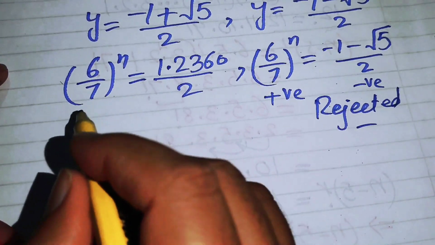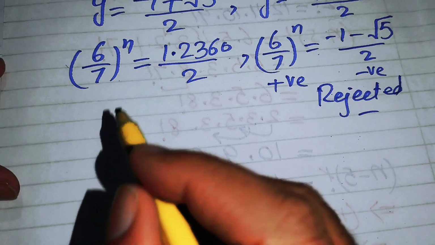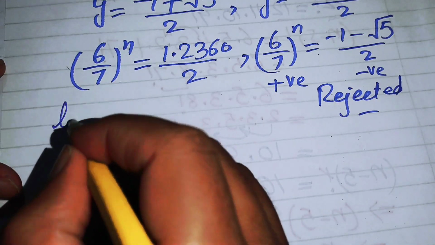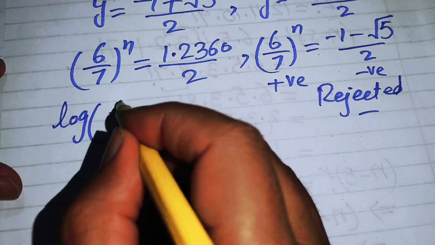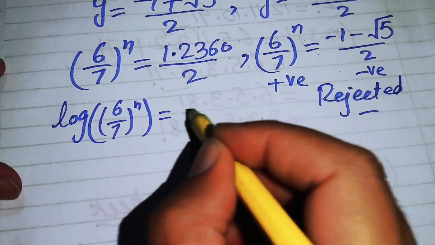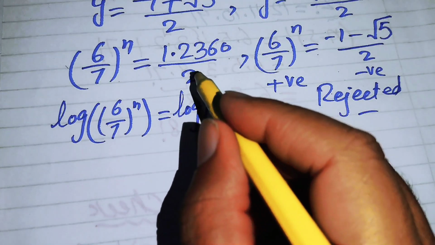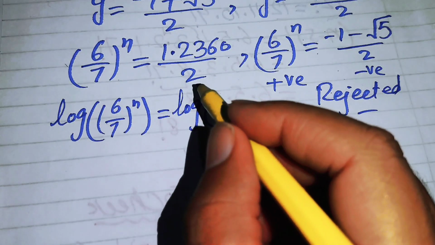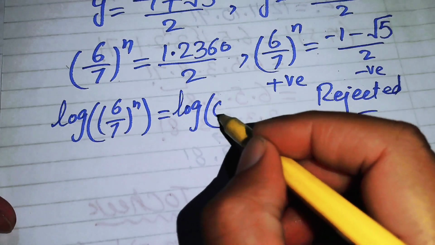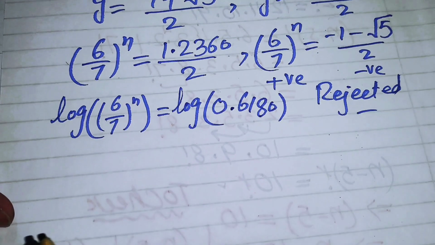In this case we need to take the log on both of the sides, and you write log of (6 over 7) whole power n equals log of, now you divide 1.2360 by 2, and you get 0.6180.